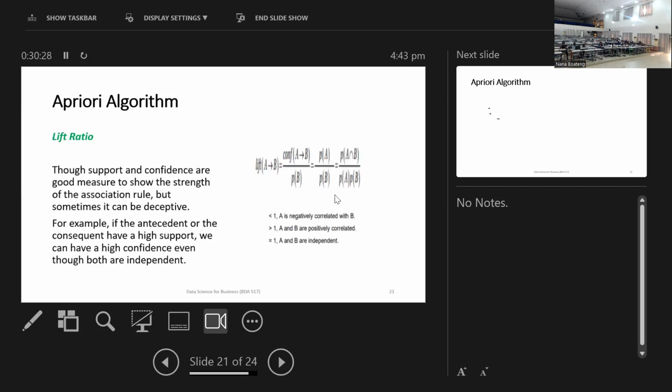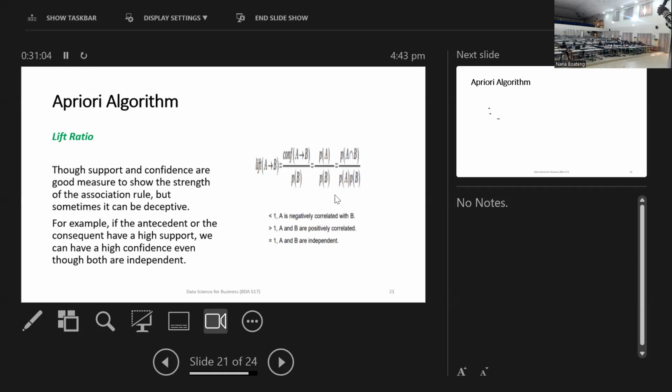Now the last measure is the lift ratio. All right. So though we have support and confidence, they are good measures, but sometimes they can be deceptive. You can have a high confidence, but if you have a lift of, let's say, 1, it means that the items are independent, they are not related.